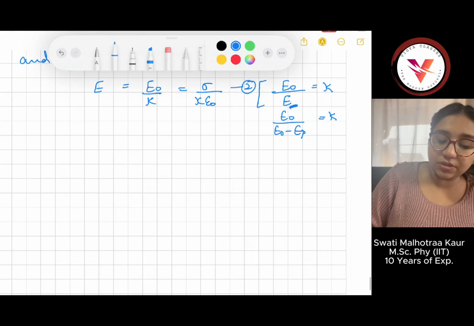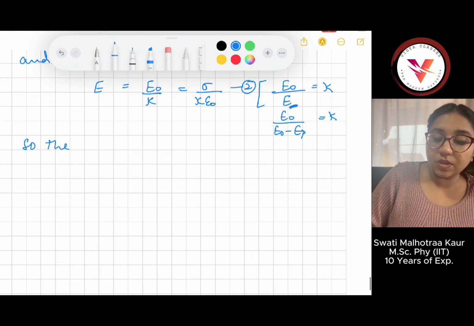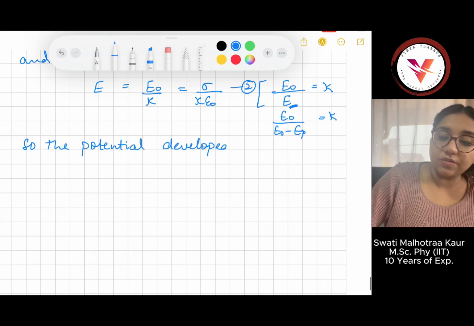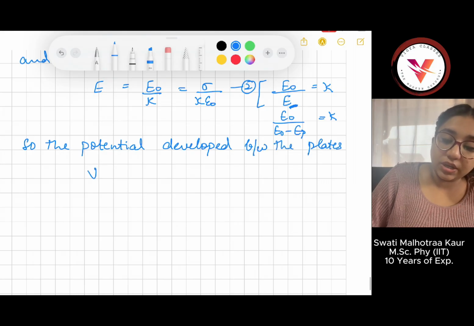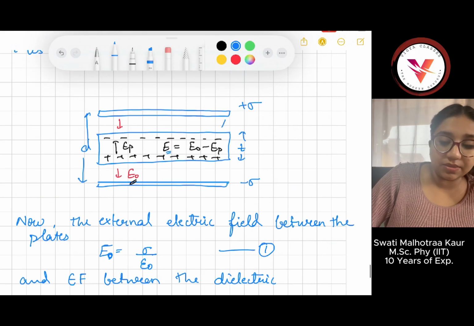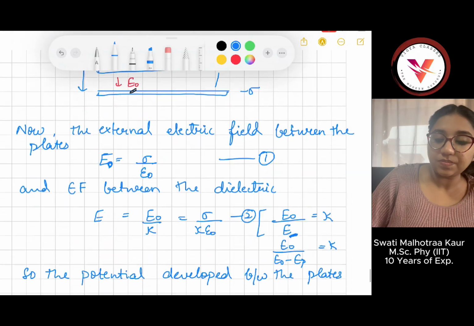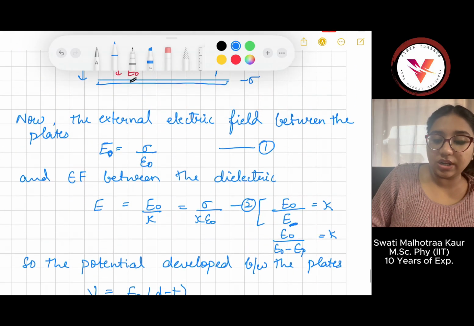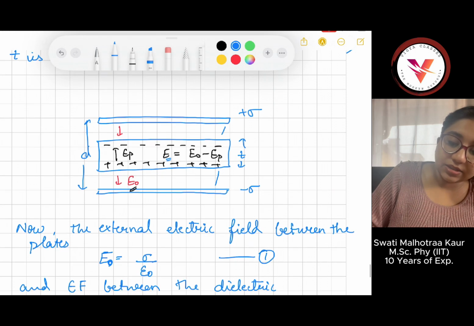So the potential developed between the plates, V, is equal to what? E naught with that distance, and the distance would be the remaining one, that is complete D minus T. The distance in which your E naught lies is only this and this one.